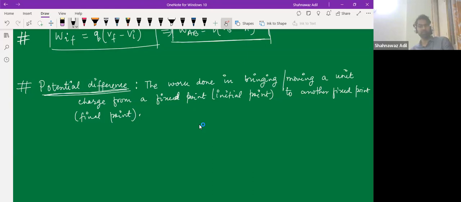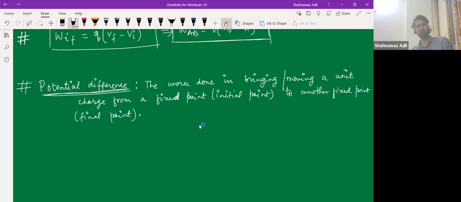Electric potential was like the energy that was needed to move a charge.